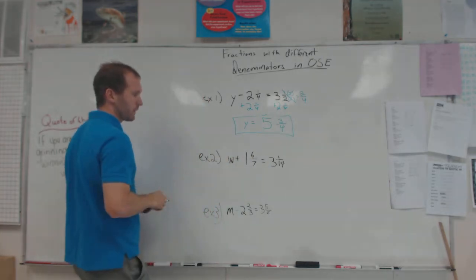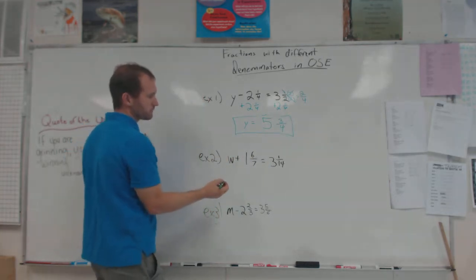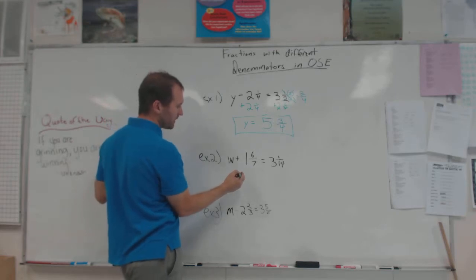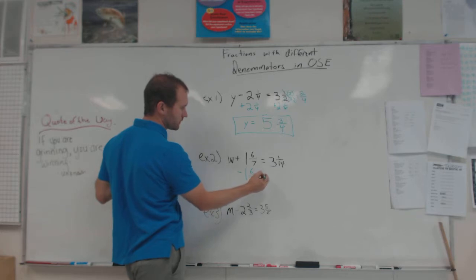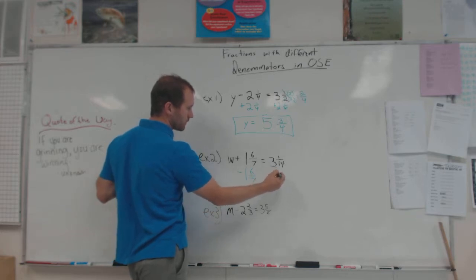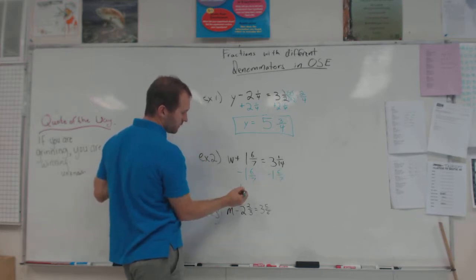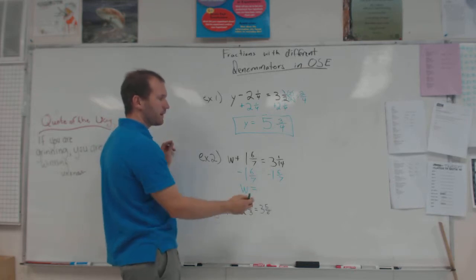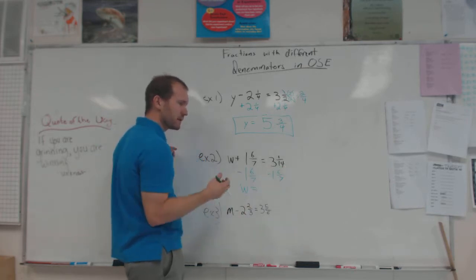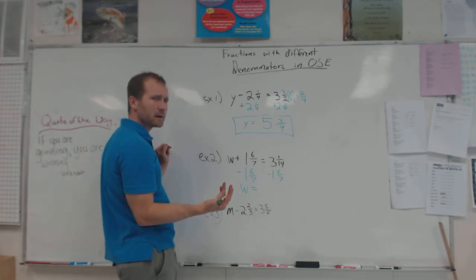Okay. Let's take a look at this one. I'm going to subtract 1 6/7. W is left on this side. Okay, I have 14ths and 7ths. What's my lowest common denominator? 14.